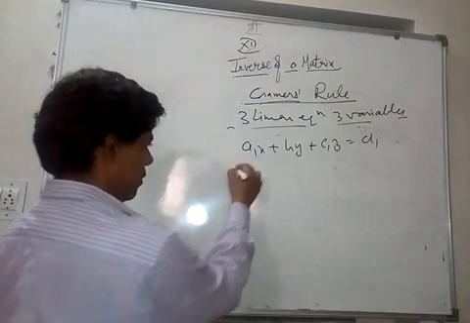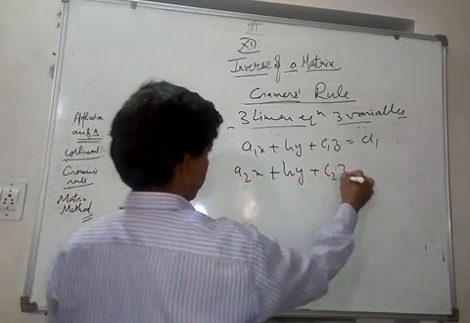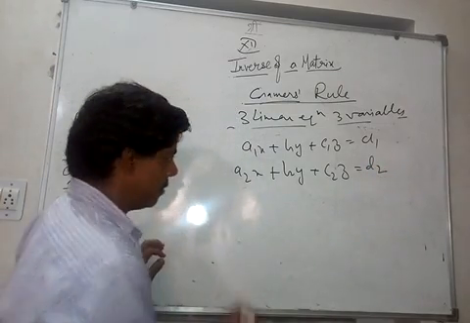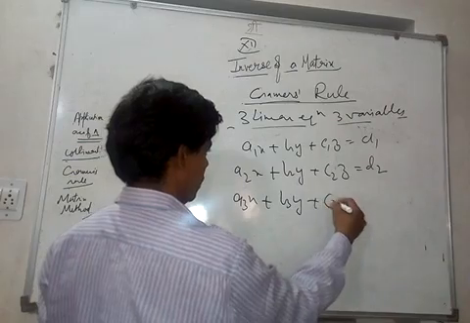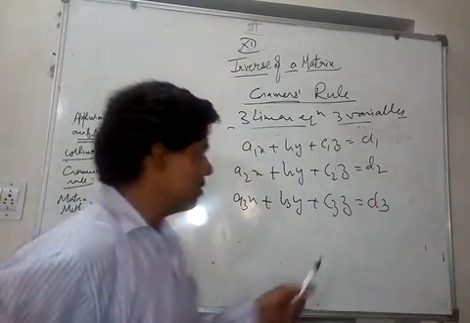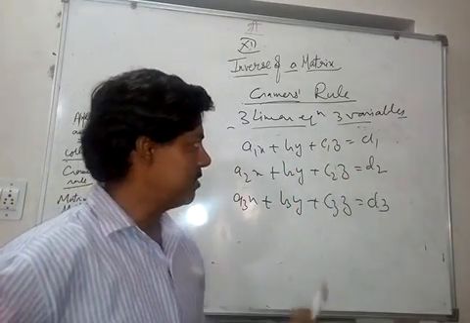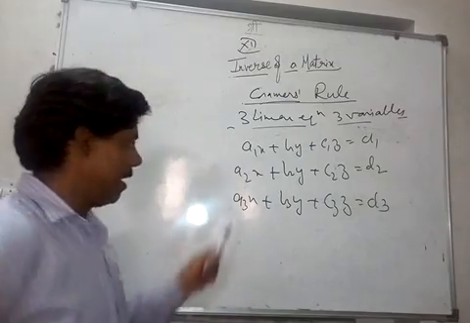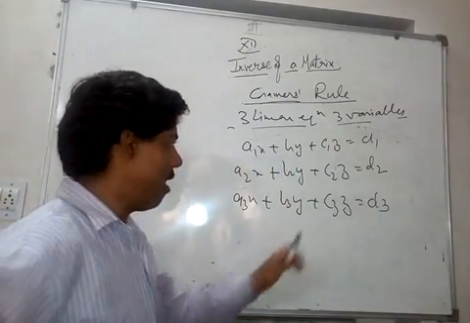Second one is a2x plus b2y plus c2z is equal to d2, and third one is a3x plus b3y plus c3z is equal to d3. So the constants are d1, d2, d3, and c1, c2, c3 are the coefficients of z, a1, a2, a3 coefficients of x, and b1, b2, b3 coefficients of y.